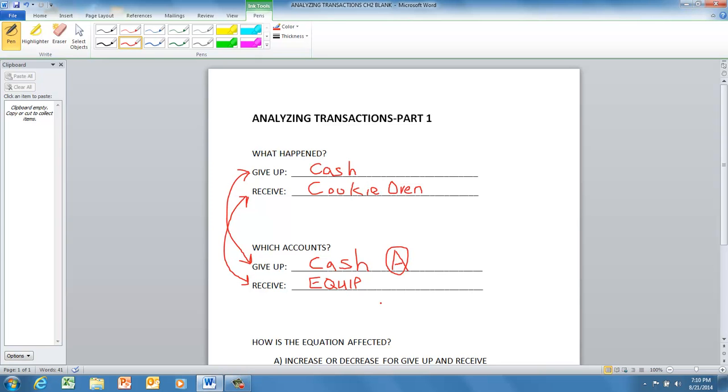Each company has its own chart of accounts. You must use that chart of accounts if you are given one. Only in the case of a homework problem that doesn't give you a chart of accounts can you use a substitute chart of accounts. So I'm using the substitute chart of accounts since we don't have one for this company, and it would just have an account called equipment.